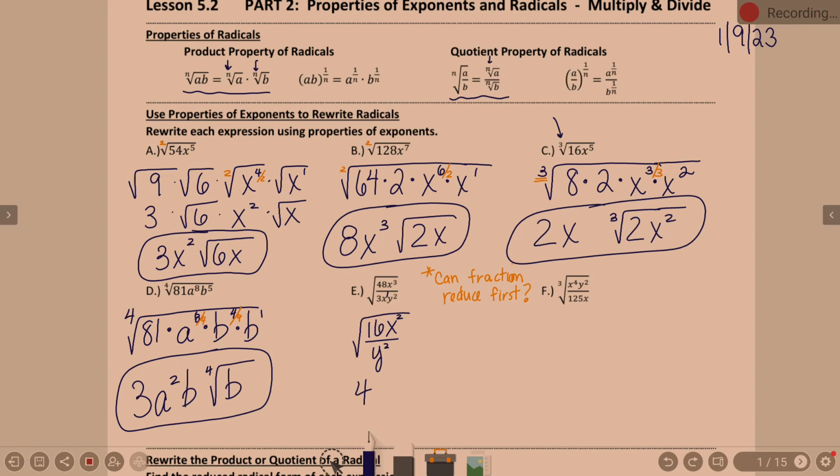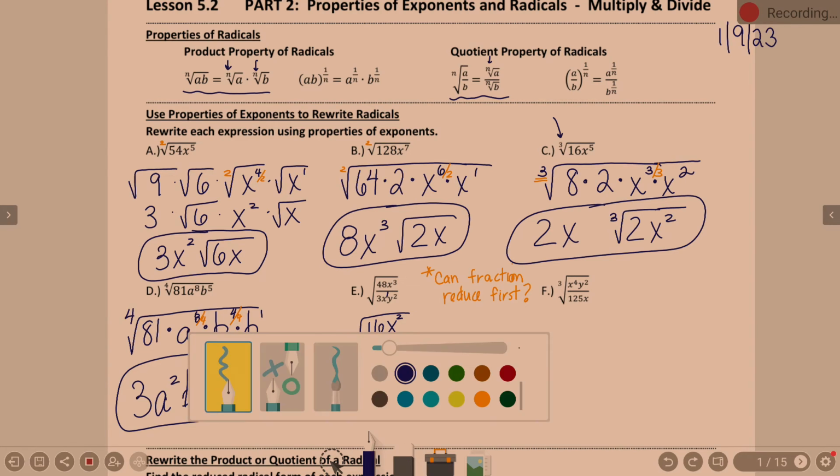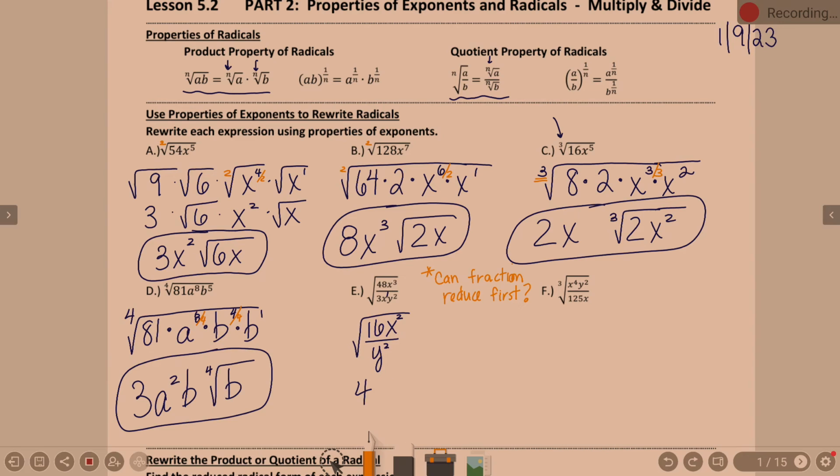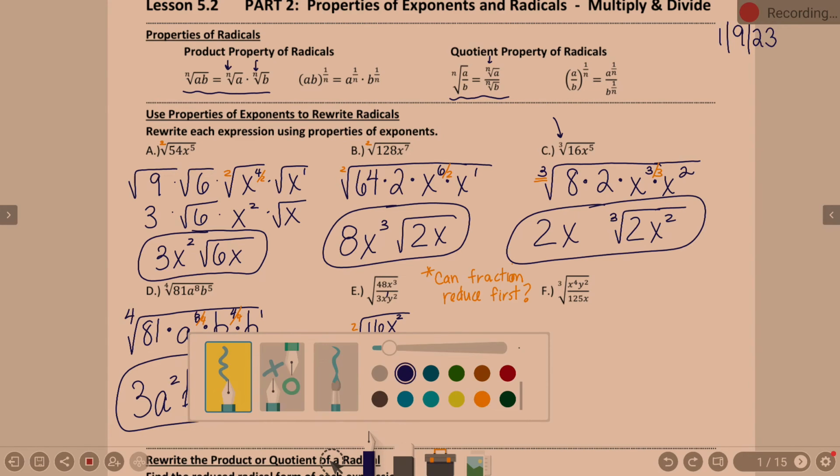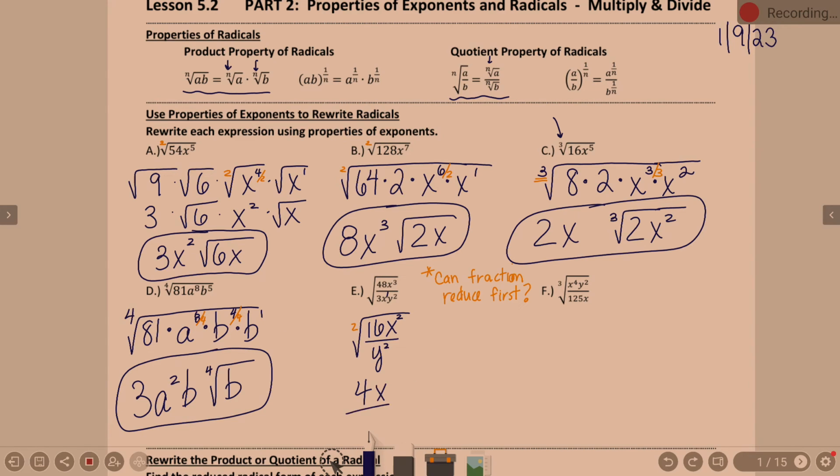X, because now we're back to square root world, so 2 divides by 2. What's the square root of y squared? Y, and 2 divided by 2 is 1 again. So y to the first on bottom.